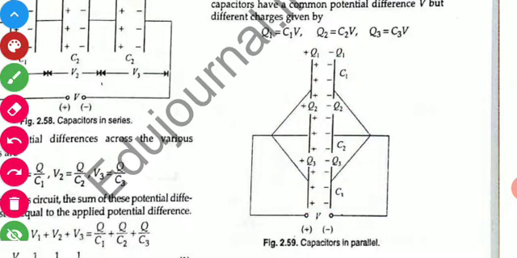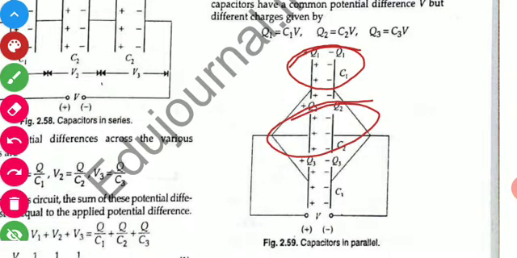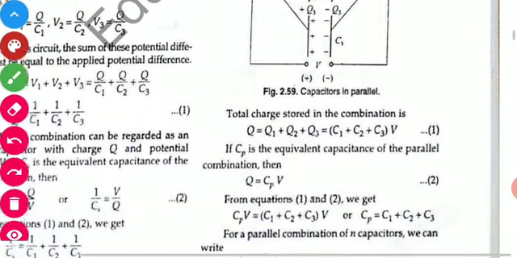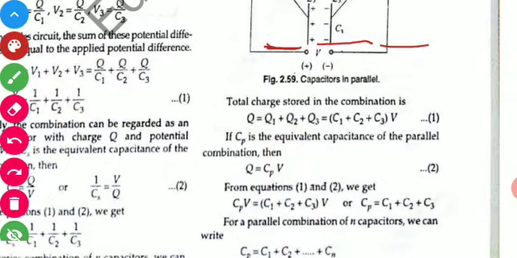Now, students, in this the charges are different, that is, this capacitor has charge Q1, this has charge Q2, this has charge Q3. If we want to calculate the charge, it will be equal to C1V, C2V, C3V. Then total charge will be equal to Q1 plus Q2 plus Q3.